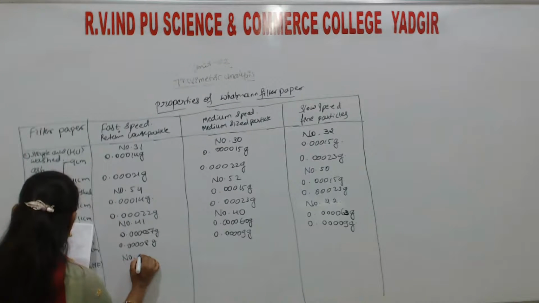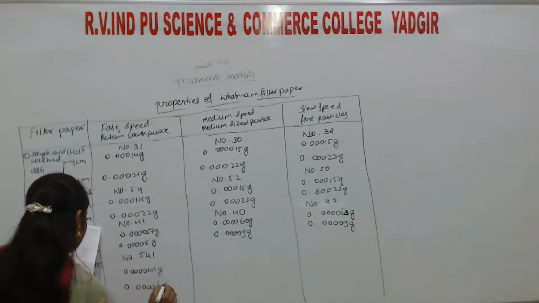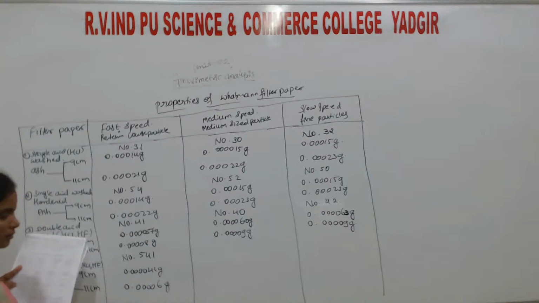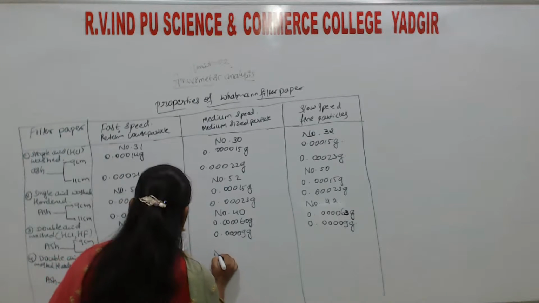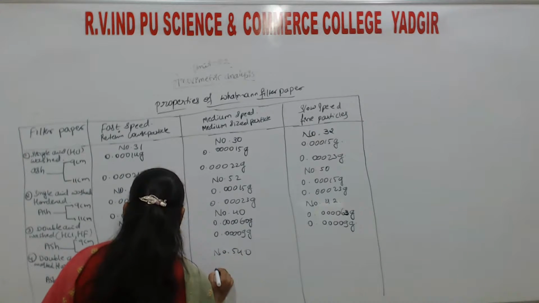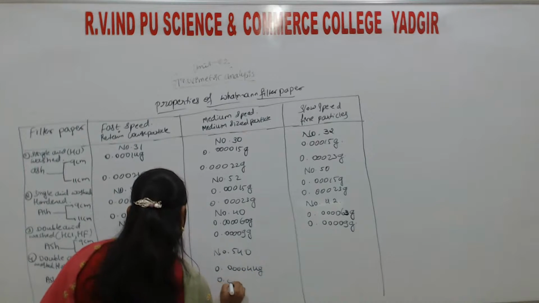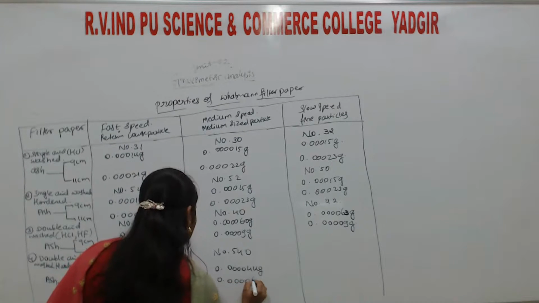Number 541 has weights of 0.41041 gram and 0.4106 gram. Number 540 has 0.41044 gram and 0.41006 gram.